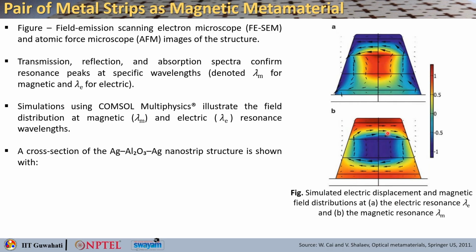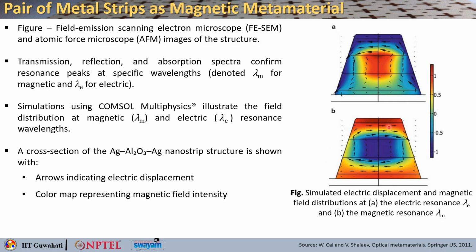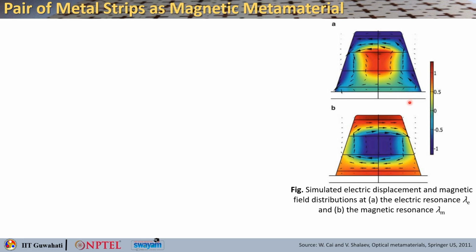Here you see the magnetic field distribution at the magnetic resonance wavelength of lambda m. You can clearly see the arrows show the electric displacement and the color map shows the magnetic field. So, the arrows indicate the electric displacement and the color map gives you the magnetic field intensity. That's something important to remember.